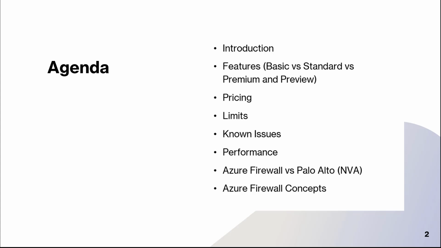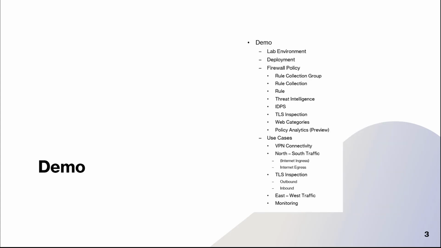Also, we will discuss some known issues, including performance-related issues. And then, as I promised, I will give you my perspective on a comparison between Azure Firewall and Palo Alto, which is one of the most advanced next-gen firewalls. Then we'll briefly touch on Azure Firewall concepts, and then go into the actual demo.